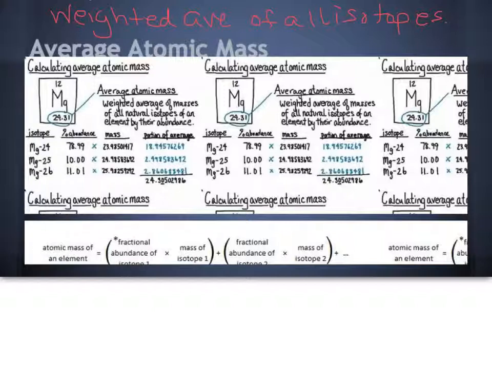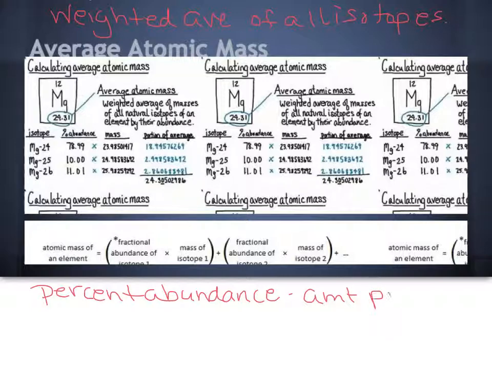And percent abundance, when I use that word, I'm just talking about how much of the isotope is present naturally.